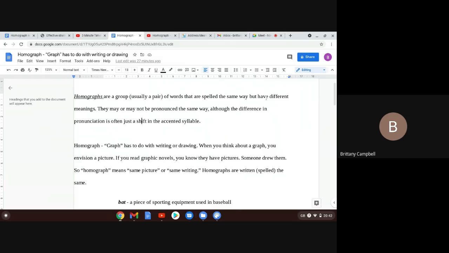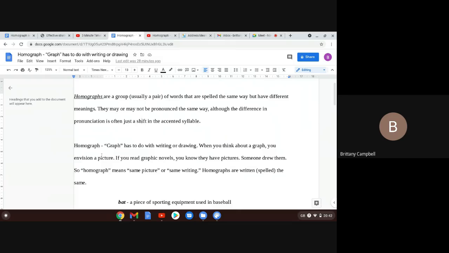Beautiful, but have different meanings. They may or may not be pronounced the same way. For example, live and live. In the video you also saw live, which is spelled pretty much the same way, although the difference in pronunciation is often just a shift in the accented syllable.